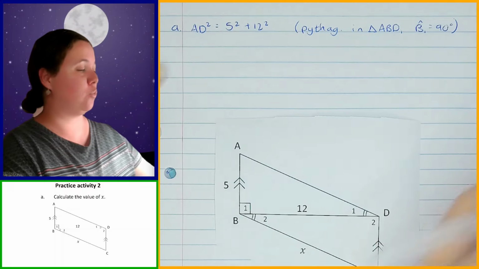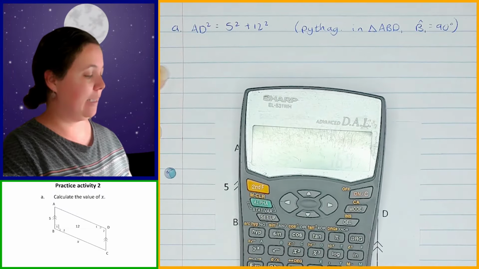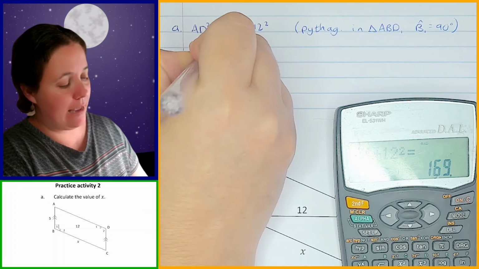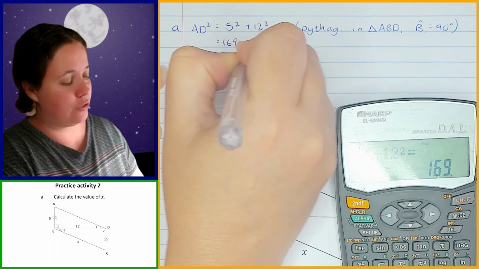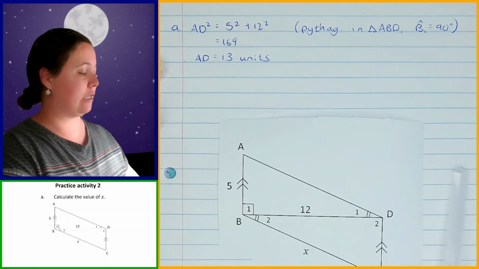Okay, so now let's go and work that out. So 5 squared plus 12 squared is 169. So therefore AD is equal to 13 units. Okay, so I can go and fill that in over here.